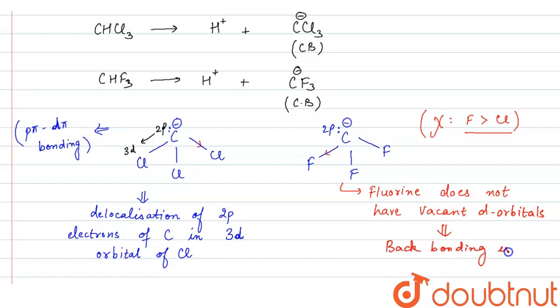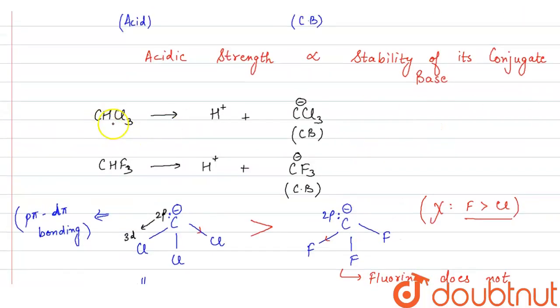So here in CCl3 negative back bonding is possible and there is delocalization of electrons, so it is more stable. It is more stable than CF3 negative. So this conjugate base is more stable. It means CHCl3 is a strong acid in comparison to CHF3.